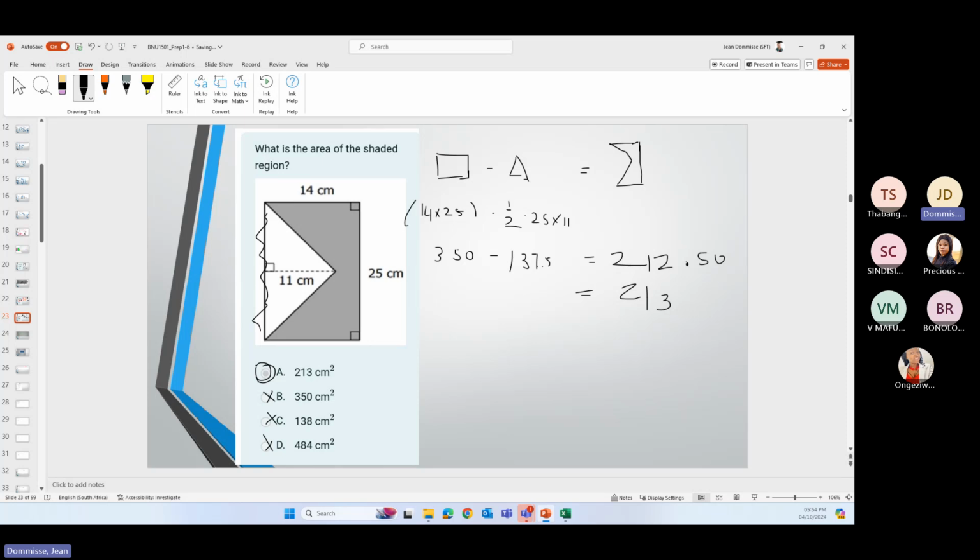Okay, so very similar to the previous one, where to get to the shaded region, you'll need to take the full rectangle and subtract the triangle to get that shaded region. Okay.